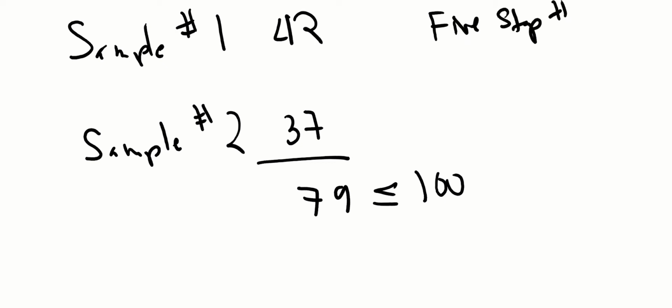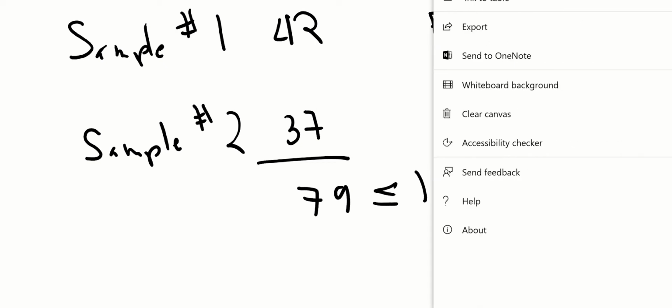Step number two of the five-step says, what kind of test is this? So it reads, do families that reside in the center city have more children?